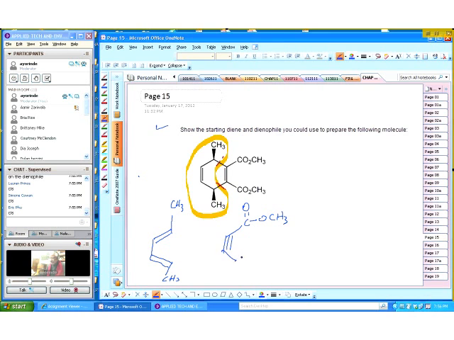Okay. So this is a very simple one. Generally, it is much simpler to go from the product to the starting material of the Diels-Alder reaction. Is there any question on this before we move on?